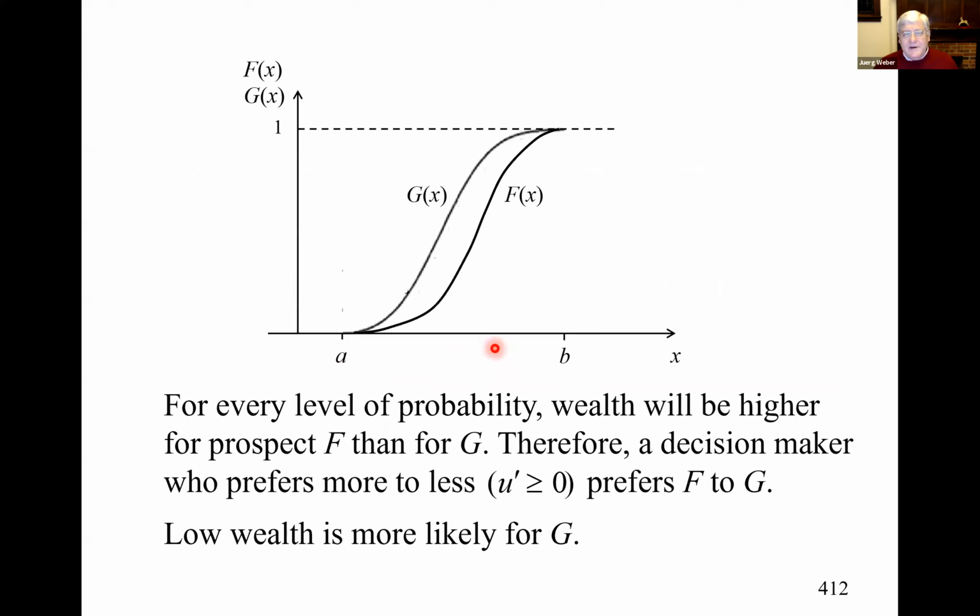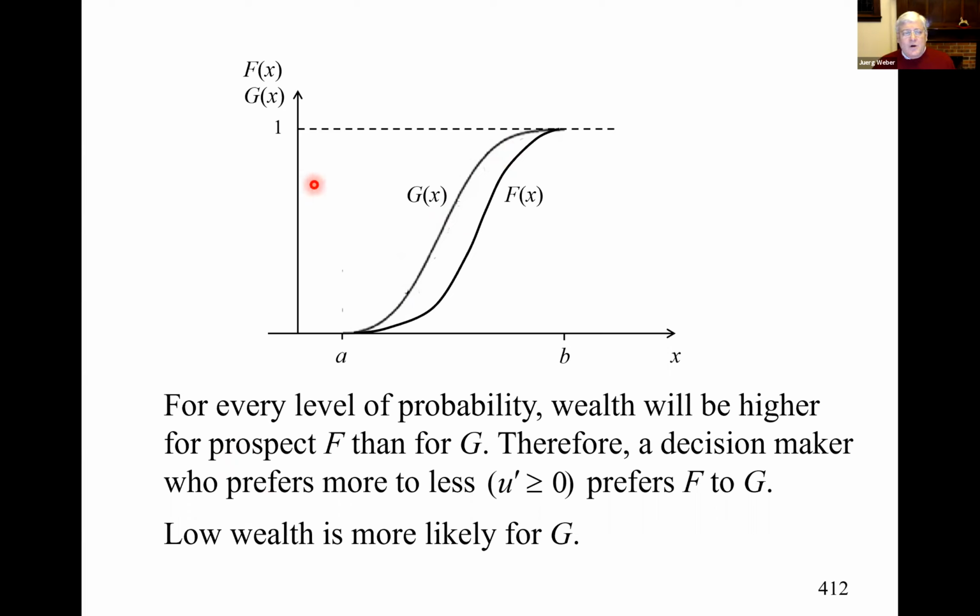So we have here the prospect F, and that's the prospect G. I do it a bit theoretically, but maybe one investment gives you this outcome, the other investment gives you those outcomes. They are shown here by those cumulative distribution functions.